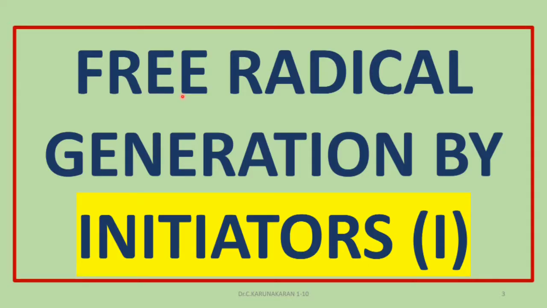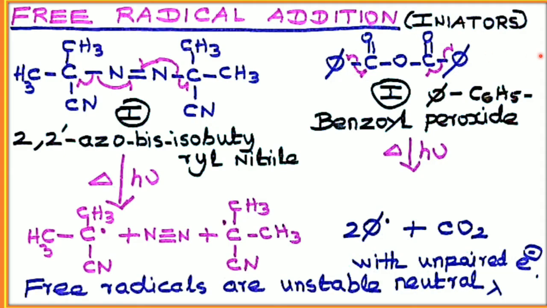If the addition polymerization reaction is initiated by free radicals, then it is called free radical addition polymerization reaction. The free radicals are generated by using initiators. What are initiators?